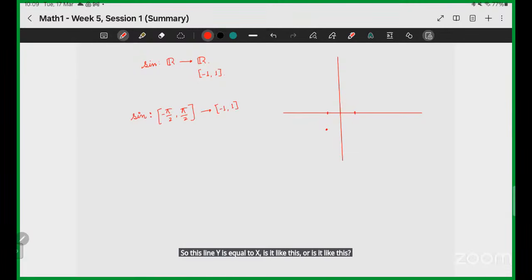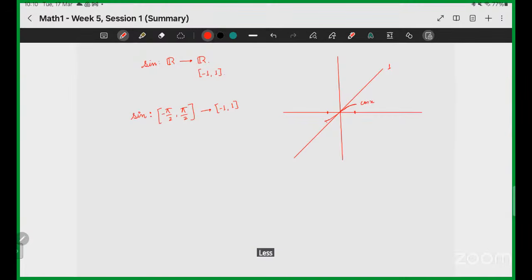This might actually be a more complicated example, because if this is the line y is equal to x, something like this, hopefully it passes through the origin. Okay, that's good enough. Your sine will actually be like this, because the slope of this is always 1 and this is cos x, and that will be lesser than 1. Only at 0 it will be 1.